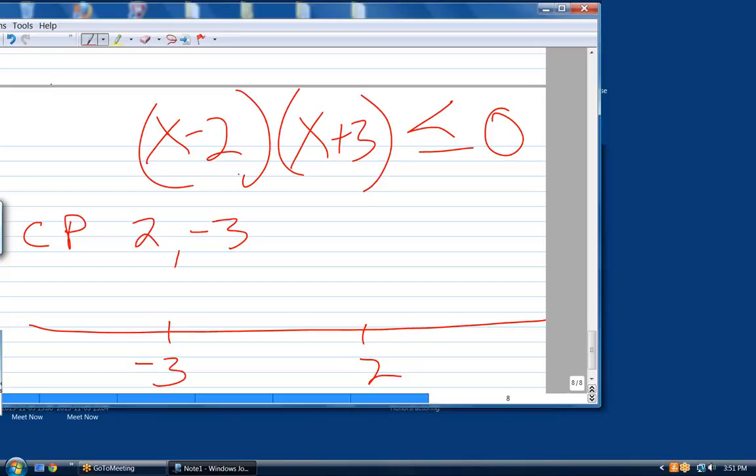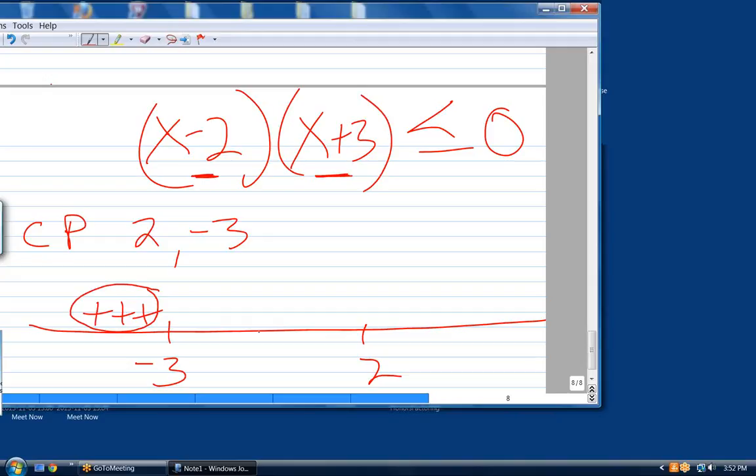Plug it in for x and see whether we get a positive or a negative number. When you plug in negative 4 here, you get negative. Plug in negative 4 here, we get negative. When we multiply negative times a negative, it's positive. The purpose of this line chart is that I only have to test one point to the left of my critical point, and everything to negative infinity is going to create that. Pluses.